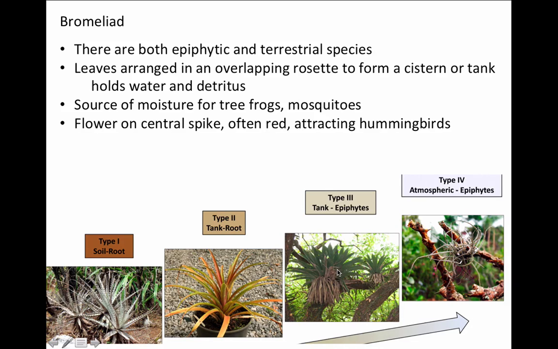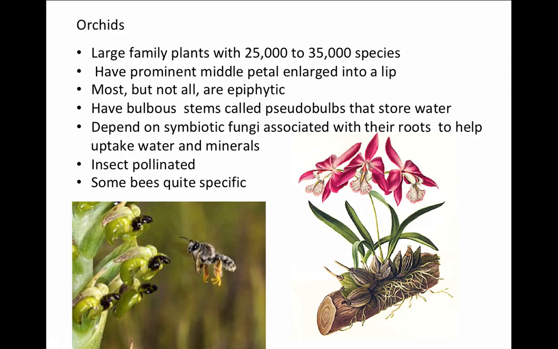Very common terrestrial one, of course, is the pineapple. Everybody knows that. So being that it traps water and detritus, it can be a source of water and nutrients for tree frogs and for mosquitoes. They tend to have flowers that grow on long spikes, and the flowers are often red and pollinated by hummingbirds.